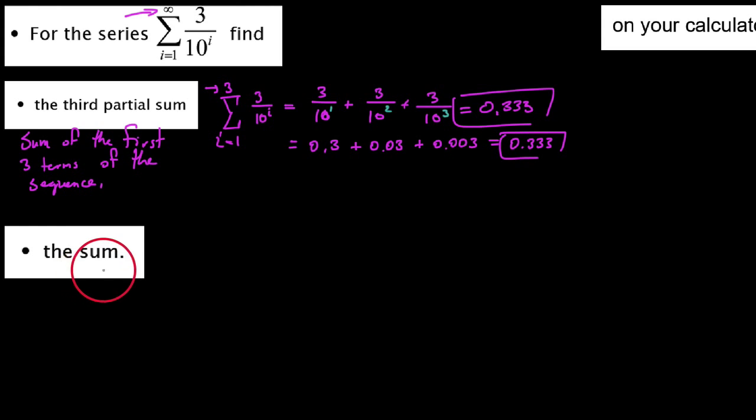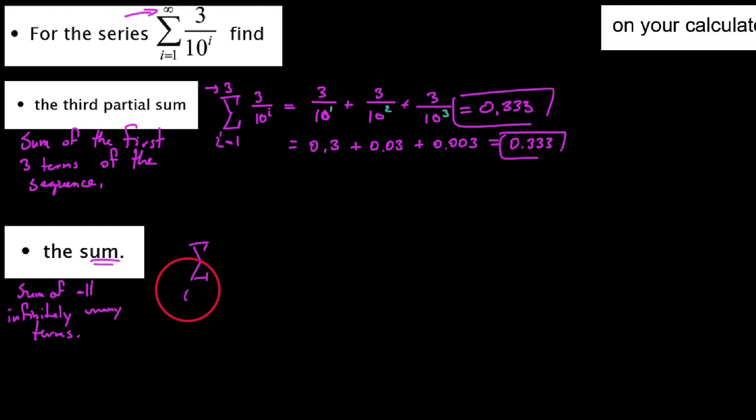When we talk about the sum, what we really mean is the sum of all infinitely many terms. When we find the sum of all of these terms together, I have no rule to share with you at this point on how to do this, other than let's look for a pattern. What I noticed up here was I got 3 tenths, 3 hundredths, and 3 thousandths, and the next one will be 3 ten-thousandths.